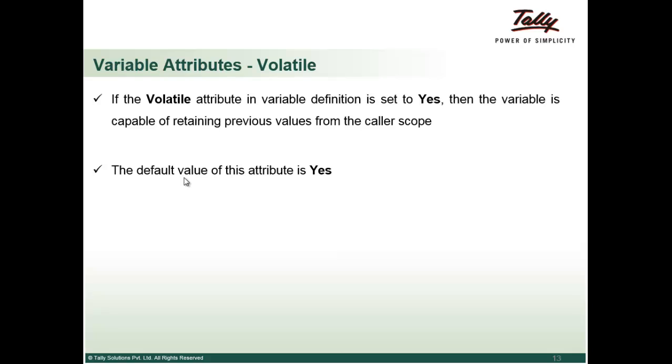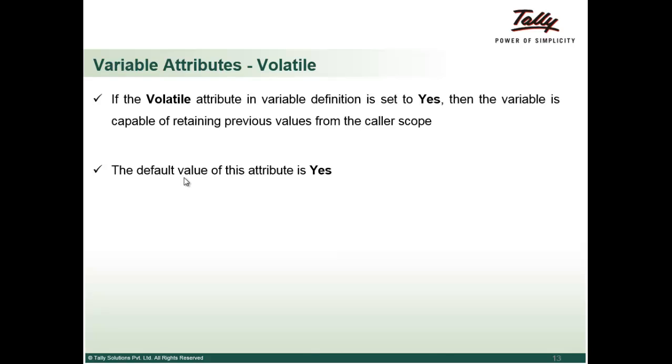So we saw that when we opened the trial balance, we changed the group name to current assets, and then in the next drill down report we changed the group name to sales accounts. These values are stored in a stack. So when I go back from the second report to the first report, the value for that particular report is taken from the stack: current assets for report 1 and sales accounts for report 2.